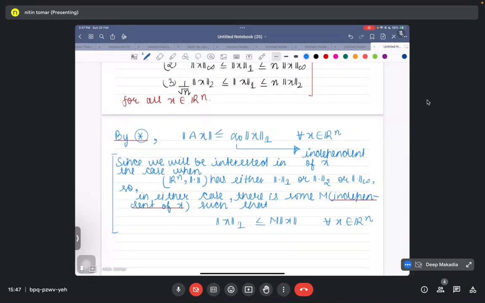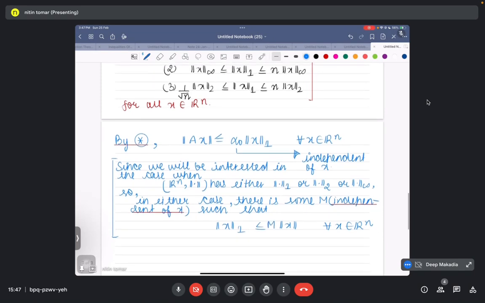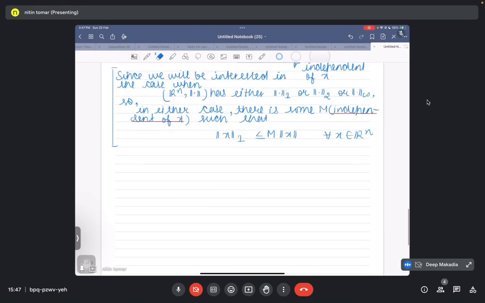Capital M. You see, if you look closely, we wanted an estimate for this, norm Ax by norm x, am I correct?